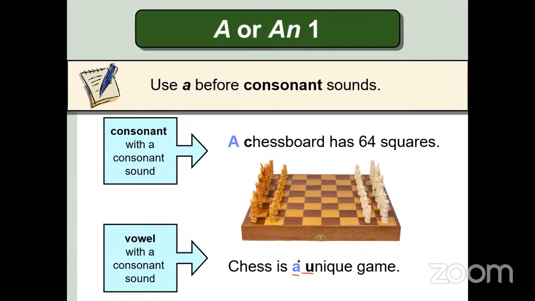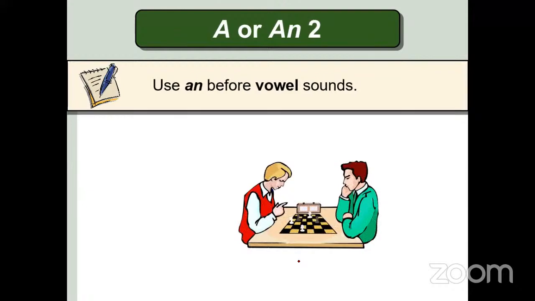We are not permitting a vowel clash, because the pronunciation is like "unique," right? In that case, use a or an. Use an before vowel sounds. When we have a vowel sound, we use an. The game lasted over an hour. The game ended after an hour, around an hour. So, an hour.